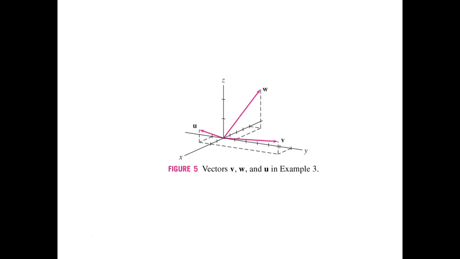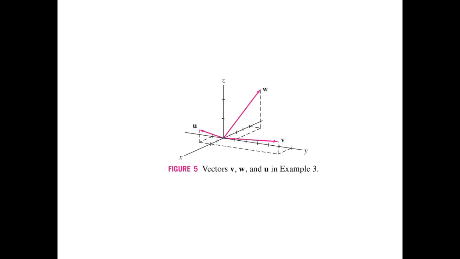So here are 3 vectors used in example 3. We're not going to do example 3, but just giving you an idea. U, V, and W, alphabetical like that.